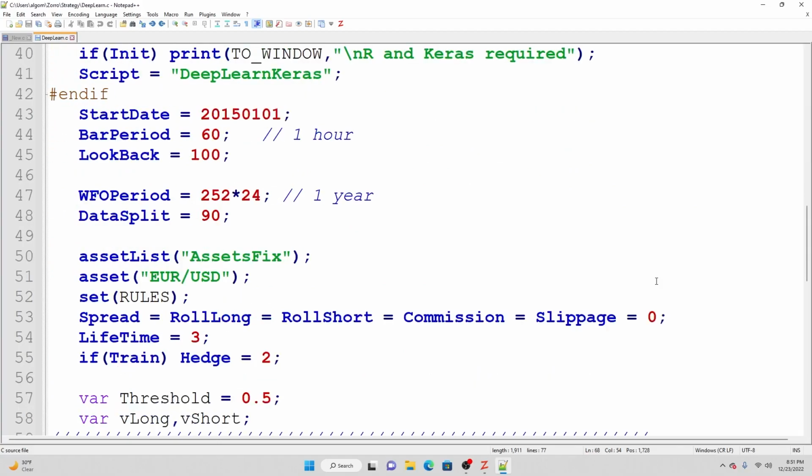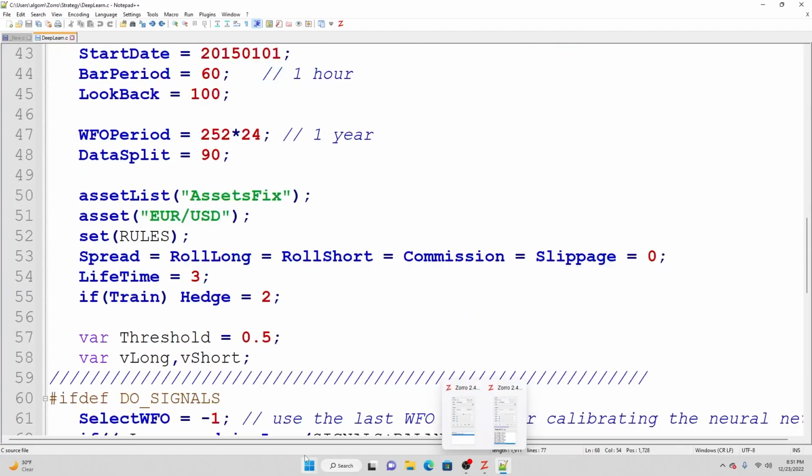Yeah, here it is. It's 0.5 right now. So this is something you can play with as well. Right now, if the value returned by the network is higher than 0.5, we go long, or if it's lower, we go short. So another parameter you can play with is this threshold.